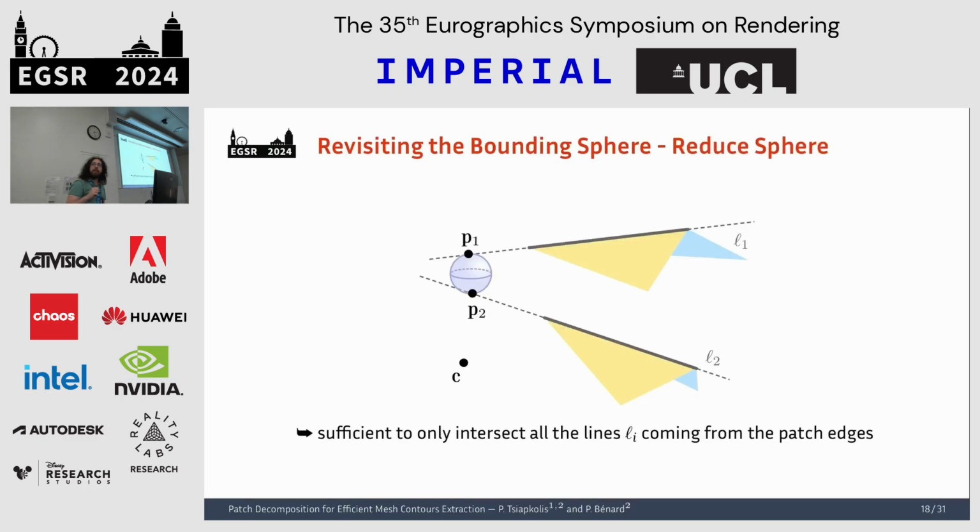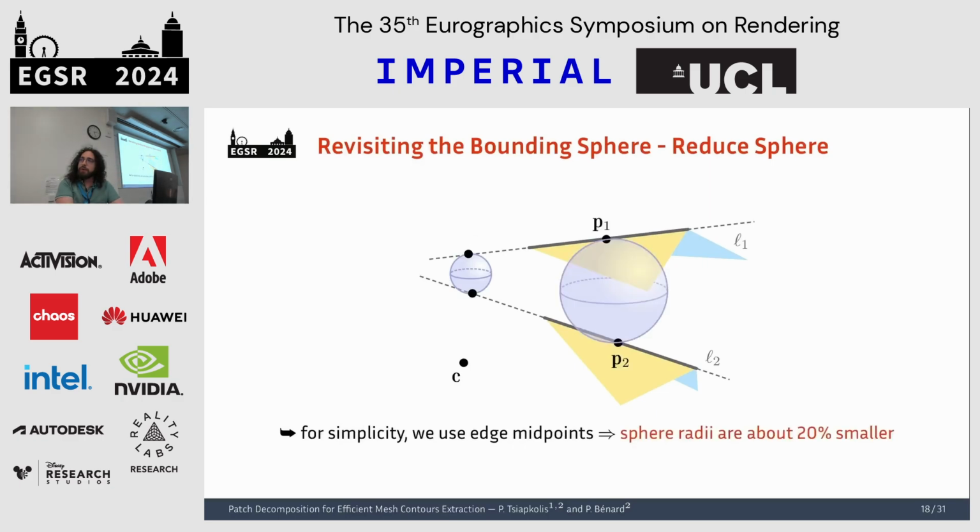Therefore, if we want a volume that intersects all these lines, it can be outside of the bounding volume and still work. Of course, this volume is quite hard to compute, to compute the optimal one. So what we do instead is that we only take the midpoints of this, which allows us to speed up the algorithm compared to the bounding sphere one, actually.